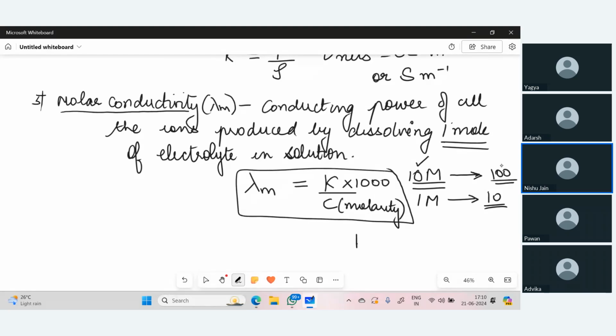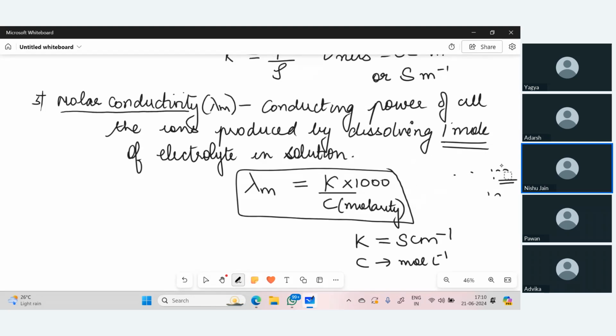Because kappa value is in Siemens centimeter inverse and concentration is in mole per liter. So when you have to convert liter to centimeter cube, there is a 1000 factor. And its unit is Siemens centimeter square per mole.